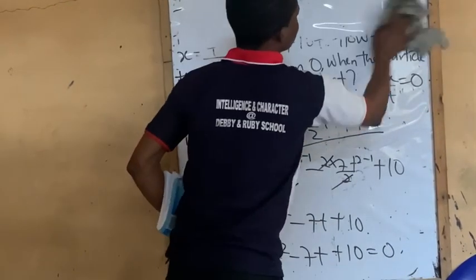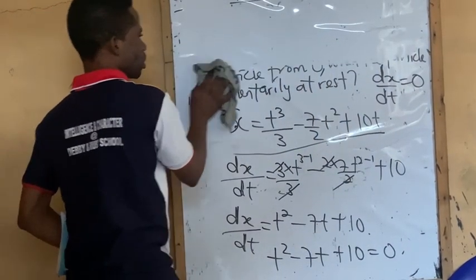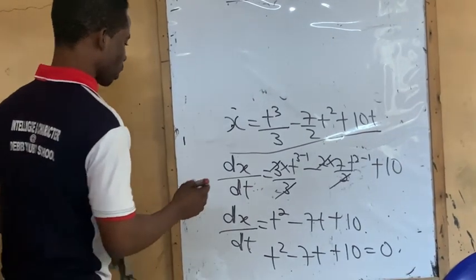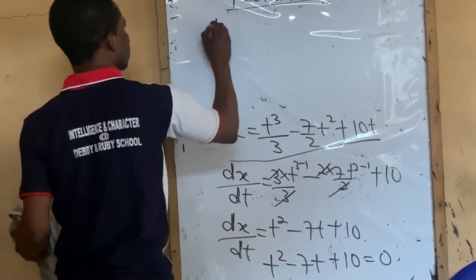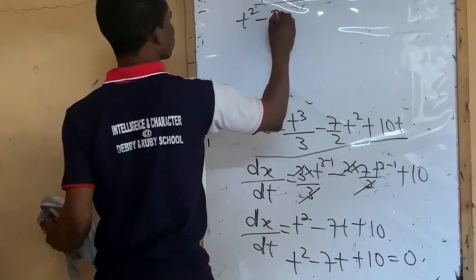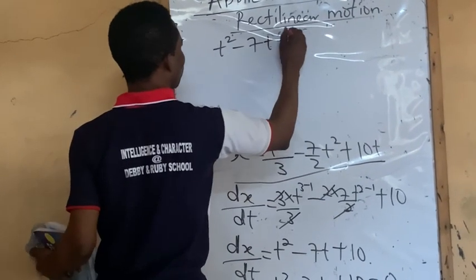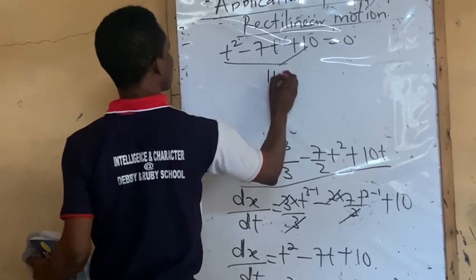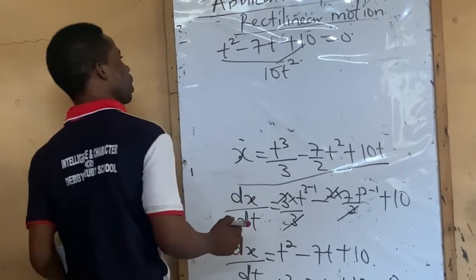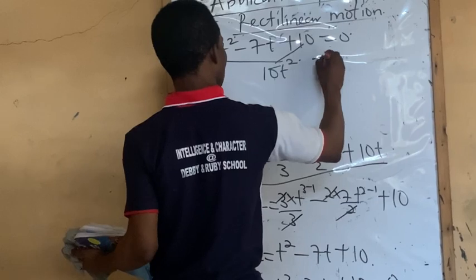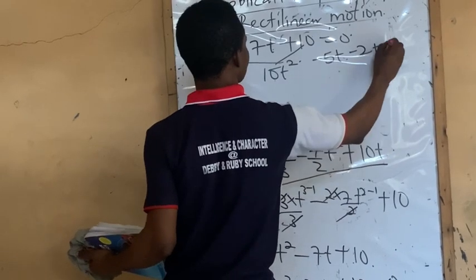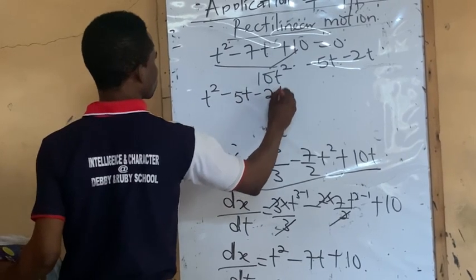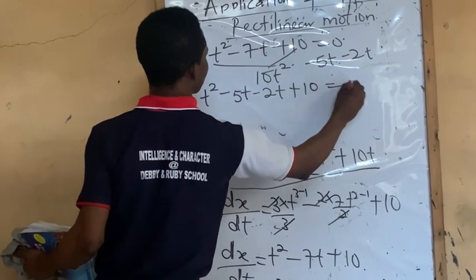Now let's factorize t squared minus 7t plus 10 equals 0. For the two values we need, minus 5t and minus 2t. So t squared minus 5t minus 2t plus 10 equals 0.